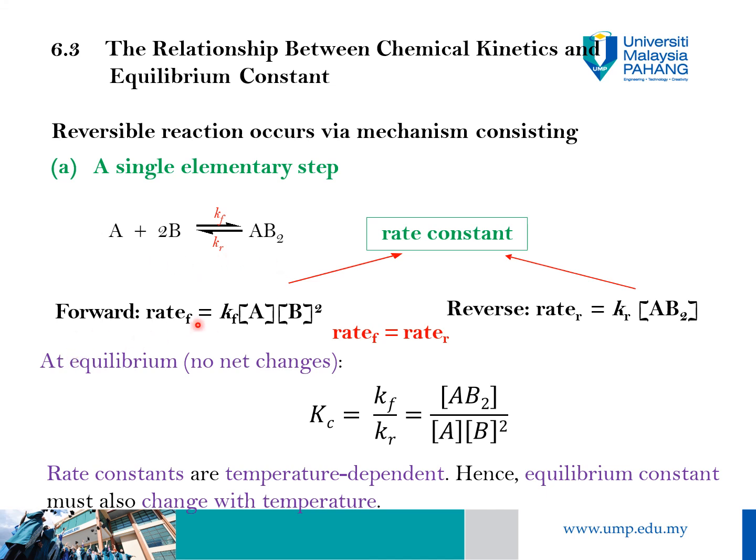Forward rate, r subscript f, is equal to Kf times concentration of A and B, and the reverse rate, r subscript r, is equal to Kr, the rate constant for the reverse reaction, times the concentration of AB2. At equilibrium, Kc is equal to Kf over Kr. The rate constants are temperature dependent, so the equilibrium constants must also change with temperature.